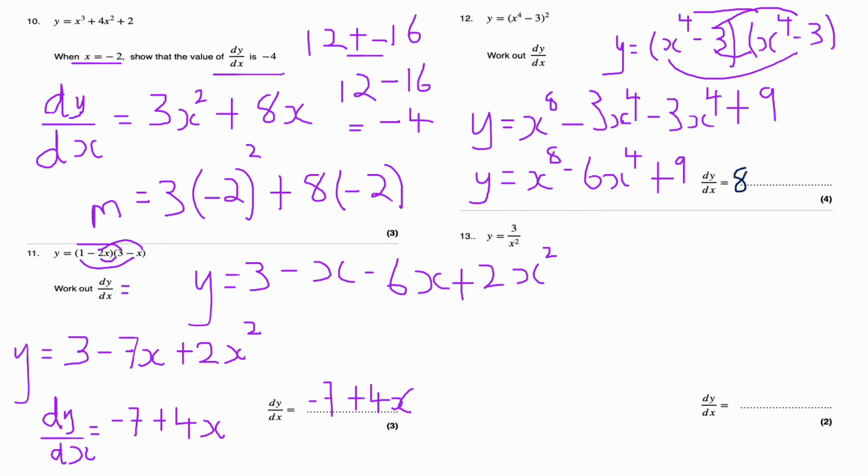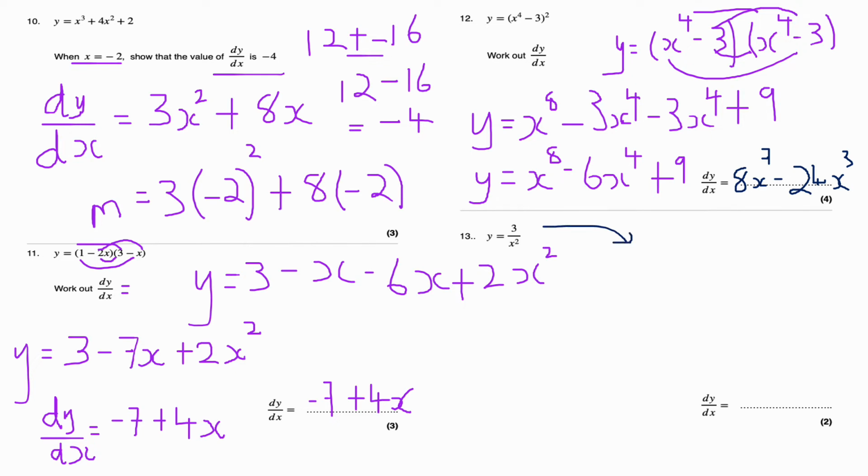Remember that the power comes down as a multiplier and the power comes down by 1. Minus 6x to the 4 goes to minus 24x cubed, when I simplify that, and then positive 9 just goes to 0 when I differentiate.